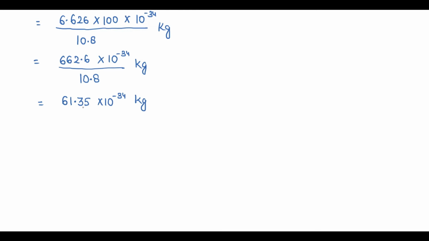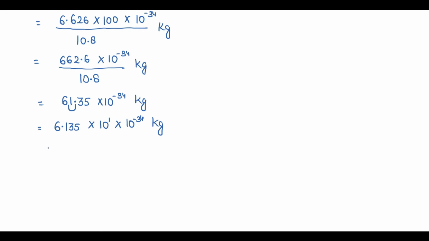I have to convert this value according to the scientific notation. So what I'll do, I'll simply displace this decimal from right to left up to one digit, right? So if I am displacing this decimal from right to left up to one digit, definitely I'll have power in positive term. It will be 10 raised to power 1 into 10 raised to power minus 34 kg.